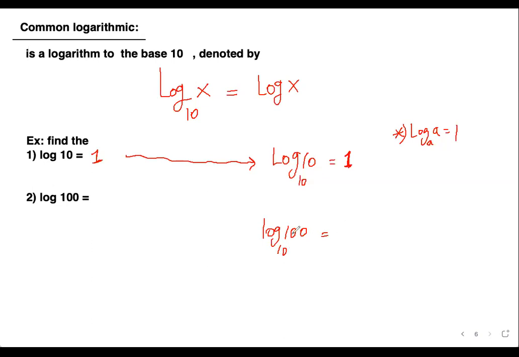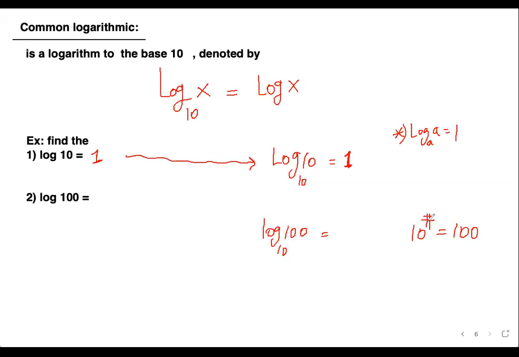No, you have to ask yourself, 10 to which power gives me 100?